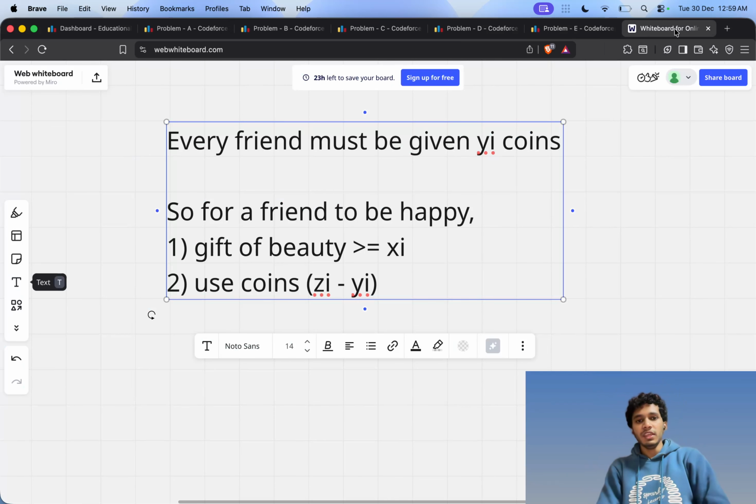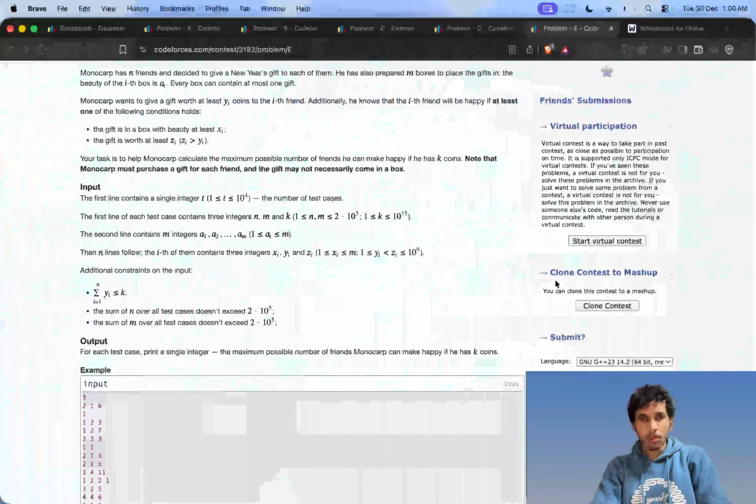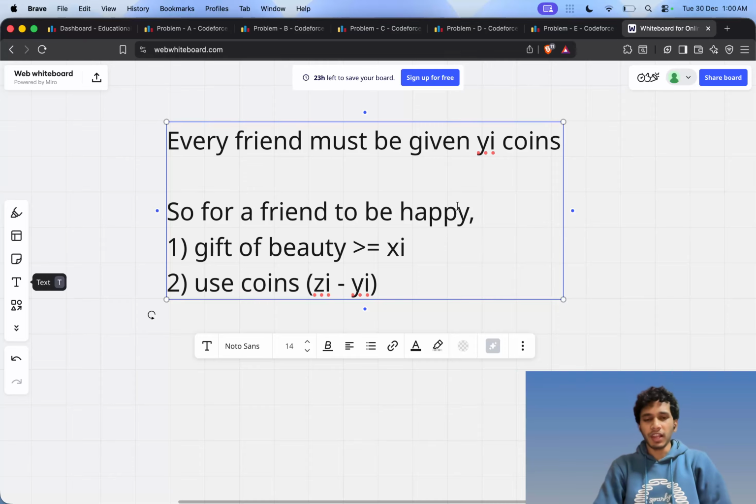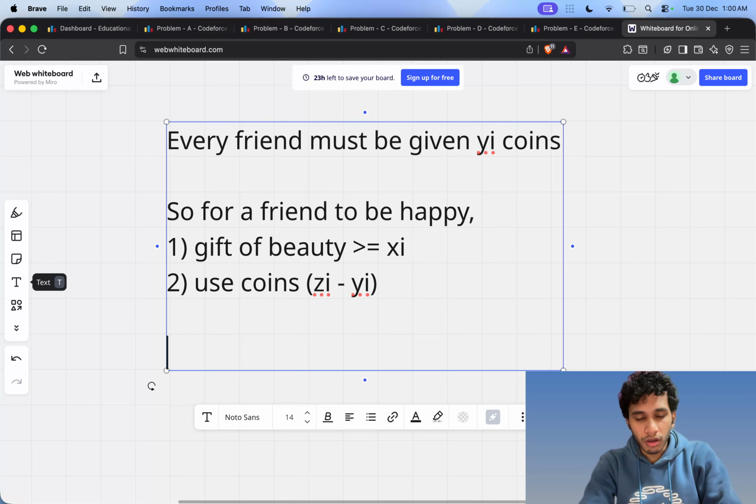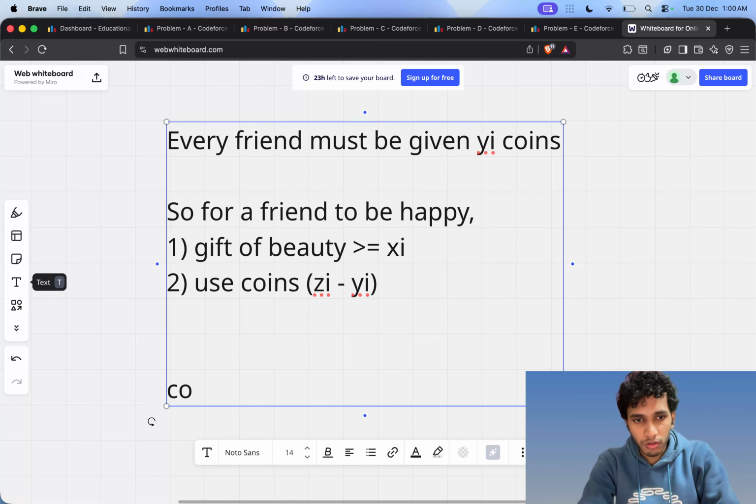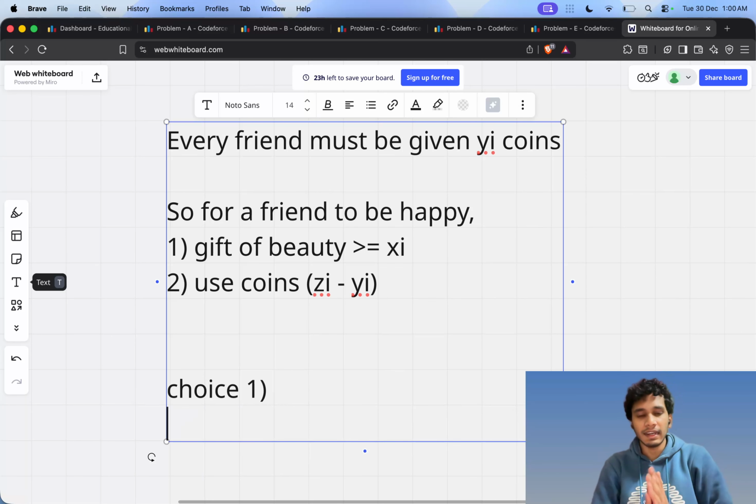So what choices do we have if we try to approach this problem greedily? Because that's what the constraints force us to do. N is 2e5 and k is very large. So for approaching greedily, we will have two choices. All the vague implementations or ideas that we have, just write them down.